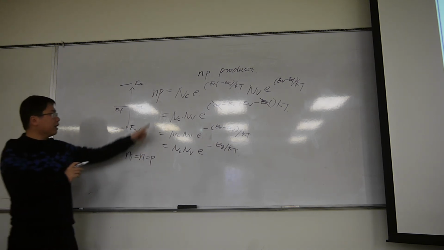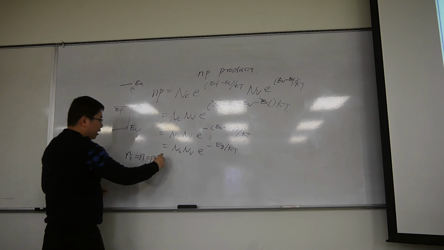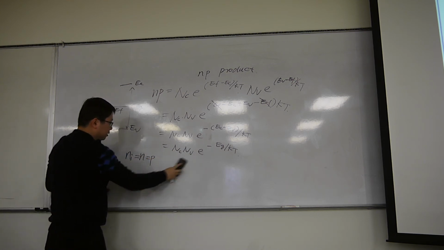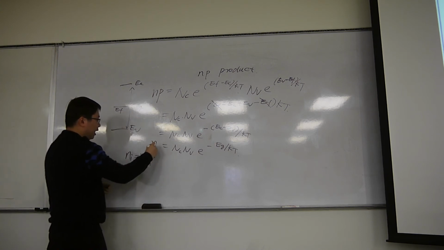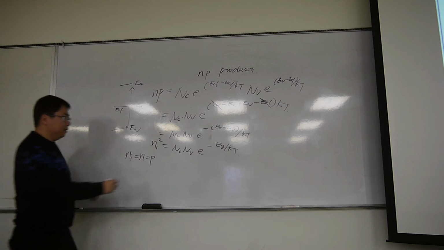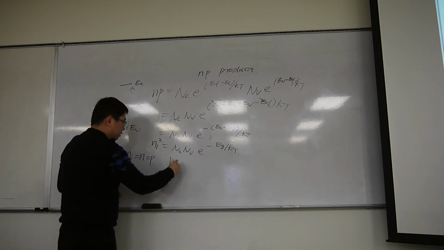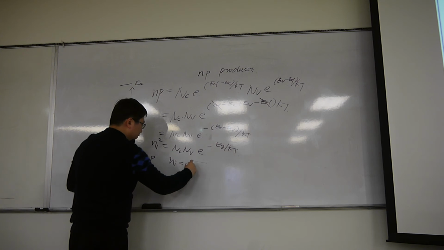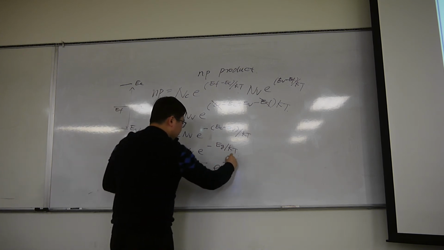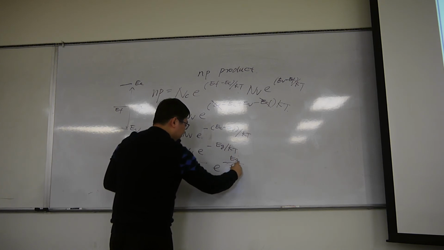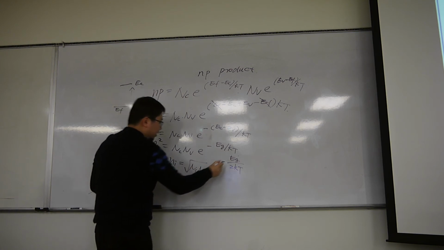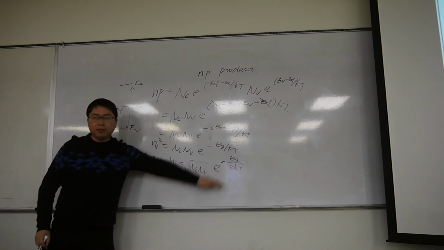So Ni squared equals this expression, because NP now becomes Ni squared. So Ni will be the square root of NC NV, and the square root of the exponential function is just dividing the exponent by 2.